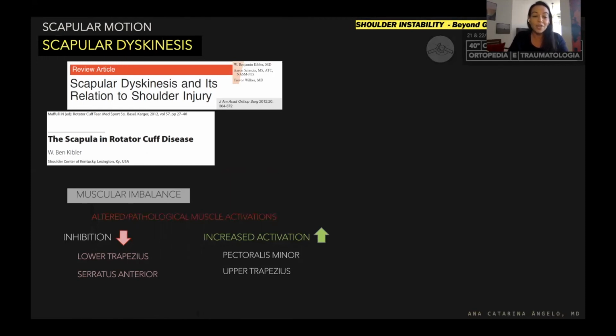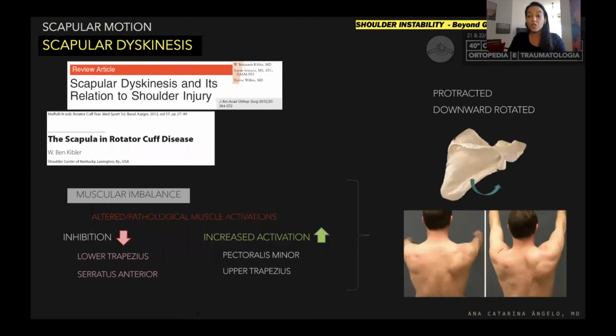So you have an inhibition of the retractors, the lower trapezius and the serratus anterior mainly, and an increased activation and contraction of the protractors, like the pec minor and the upper trapezius. This leads to a protracted and downward rotated scapula that clinically behaves like a winged scapula, where when you ask your patients to elevate or abduct in the scapular plane, you see a prominence of the medial border and the scapular angle.